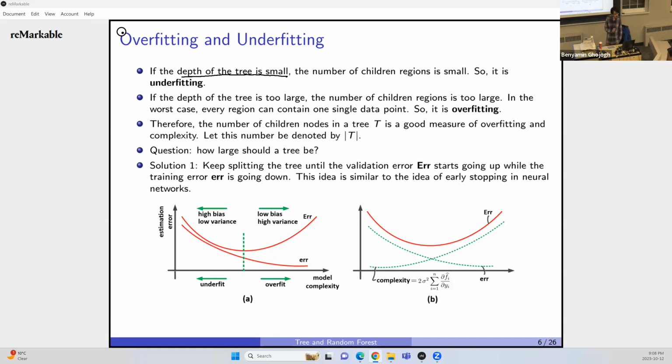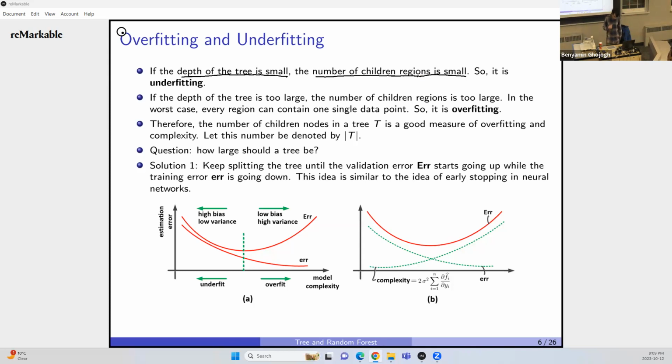If the depth of the tree is small, what do I mean? I don't grow the tree very much, right? Then the number of children regions is small. Do you agree that the more depth you have, the more children you will have? Just visualize the tree in your mind. If I grow the tree, you will have too many children, right?